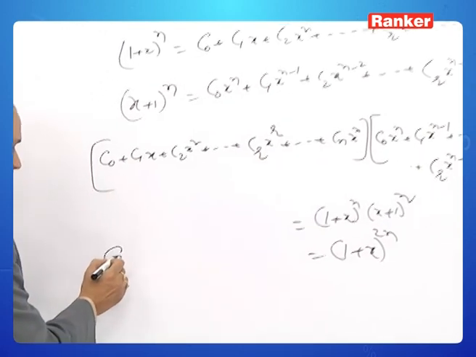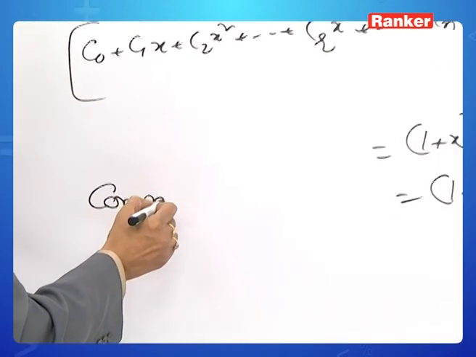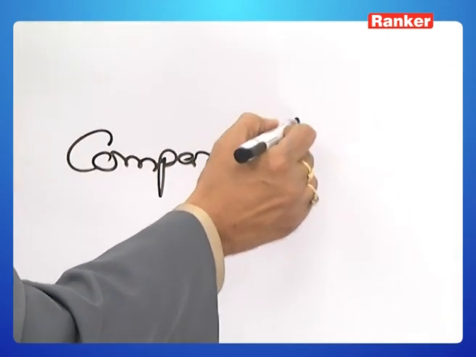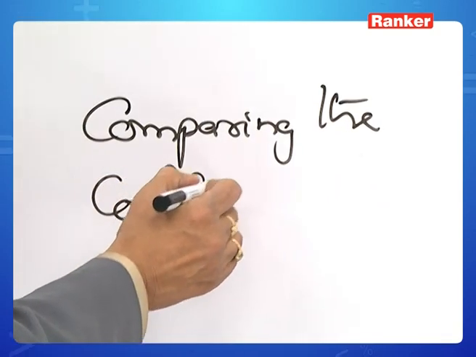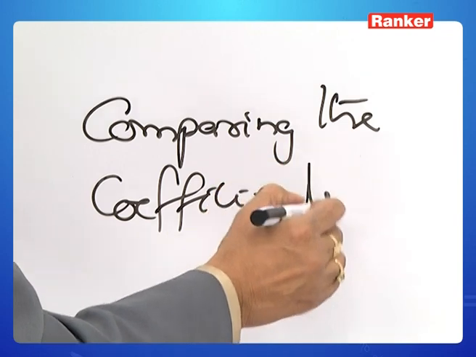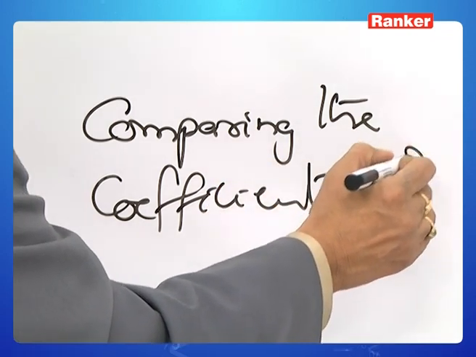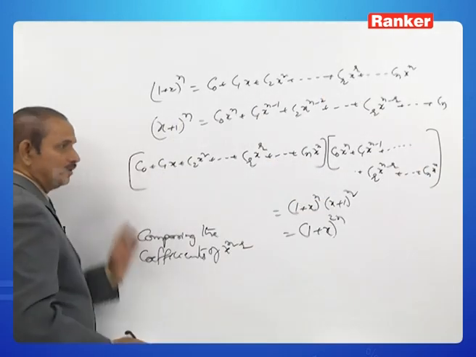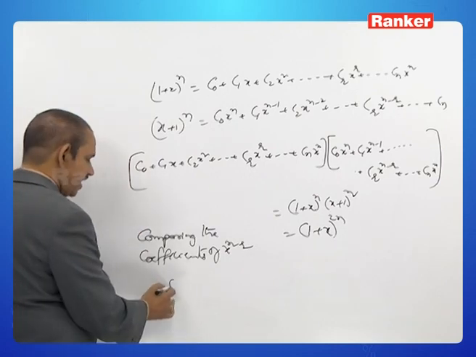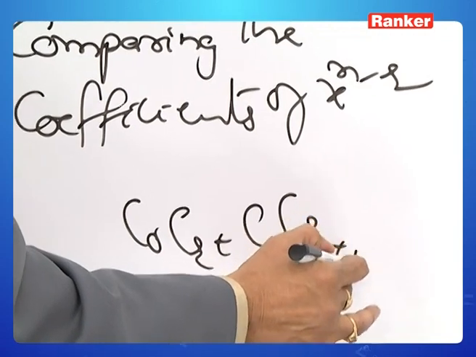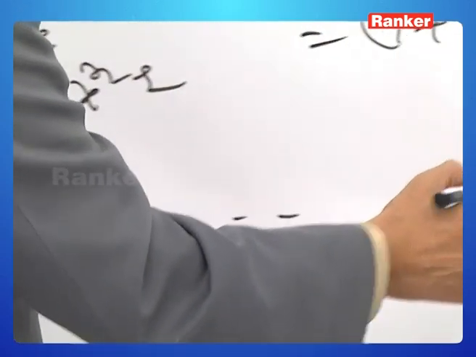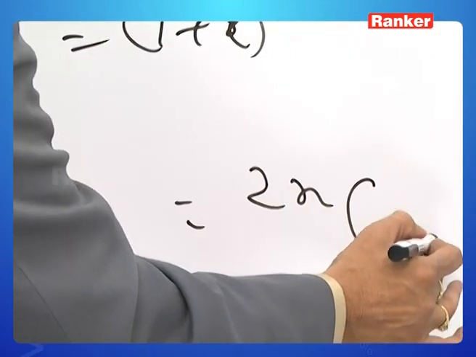Now you compare the coefficients of x power n minus r. What is the coefficient in the left hand side? C naught CR plus C1 CR plus 1 and so on. What is in the right hand side? 2n Cn minus r.